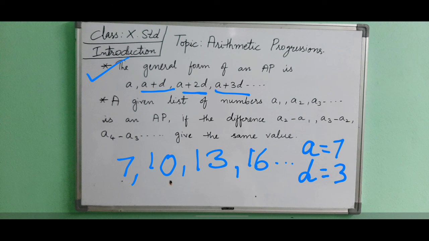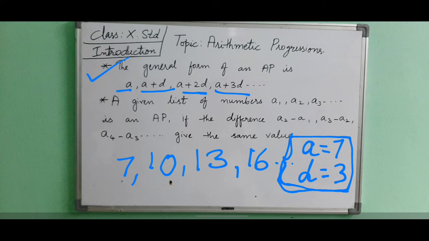If we have the first term and the difference, A and D, we can write infinite terms in AP. How do we write? First term is A, second term is A plus D, third term is A plus 2D, or we can write the second term plus D. A plus 3D means the third term plus D. Like this also we can write.